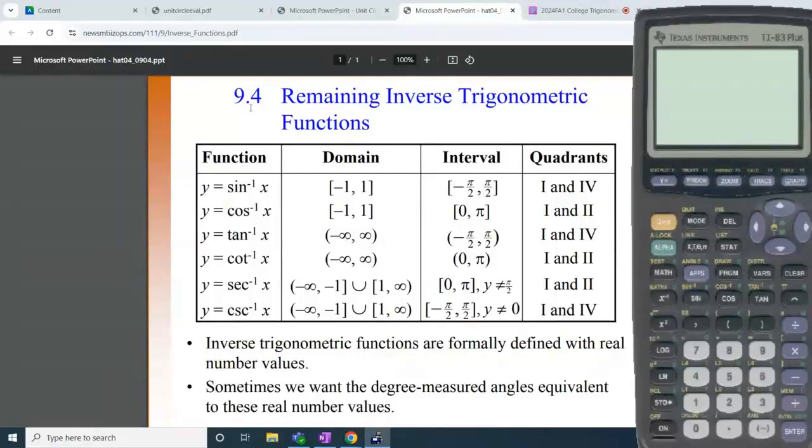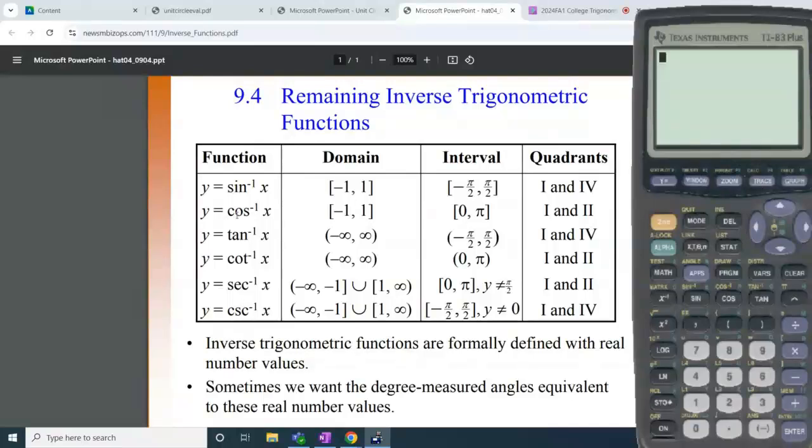In this particular chart on inverse trig functions, notice we have all 6 inverse functions. Now, as far as the calculator is concerned, you only see arc sine, arc cosine, and arc tangent. But the reciprocal of arc sine is going to be arc cosecant.